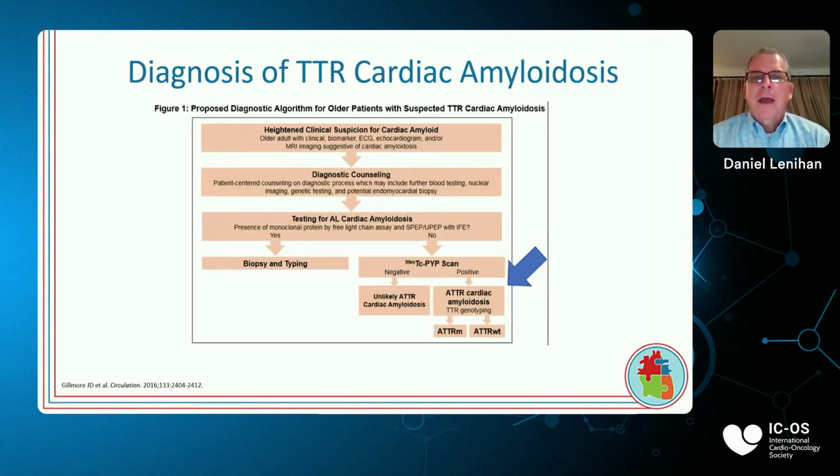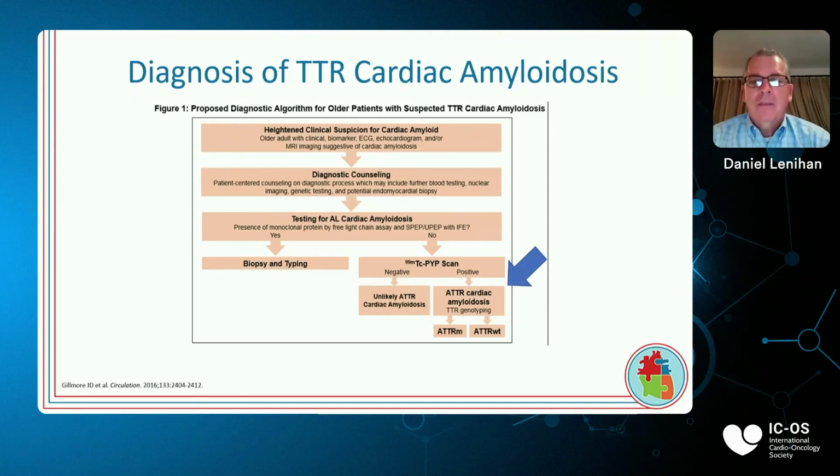So this is one algorithm that's proposed. And this is from several years ago, but I actually like it in general. However, the only thing I would say is genetic testing needs to be done sooner. If you look at this algorithm, the patient is pretty far along the path in terms of potential diagnosis of amyloidosis when they finally do genetic testing here in the bottom right of the slide.